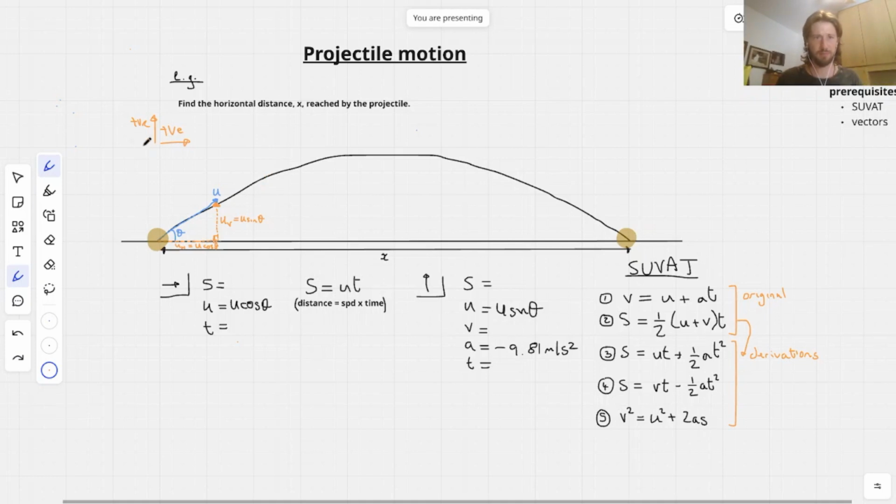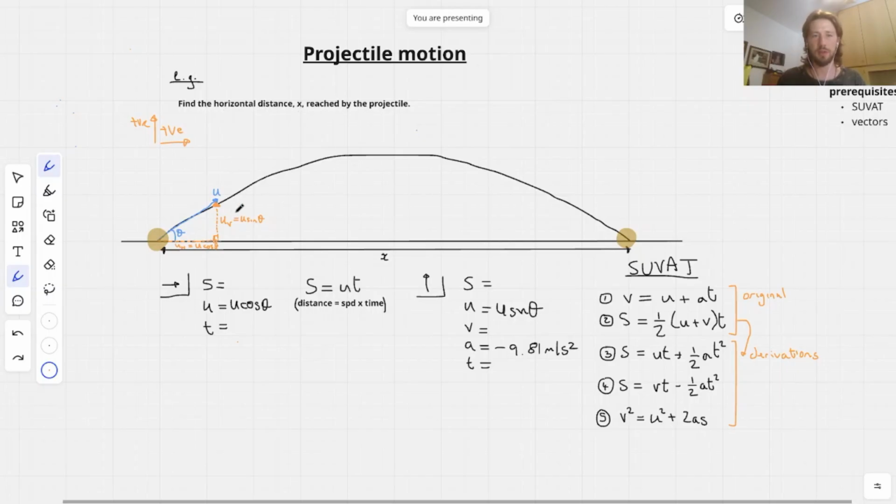Now, you can choose different positives and negatives, but if you just choose one and stick with it, and be consistent with it, you won't go wrong. So I just choose this. Okay, what else do we know? Well, let's look at the question. Find the horizontal distance x reached by the projectile.